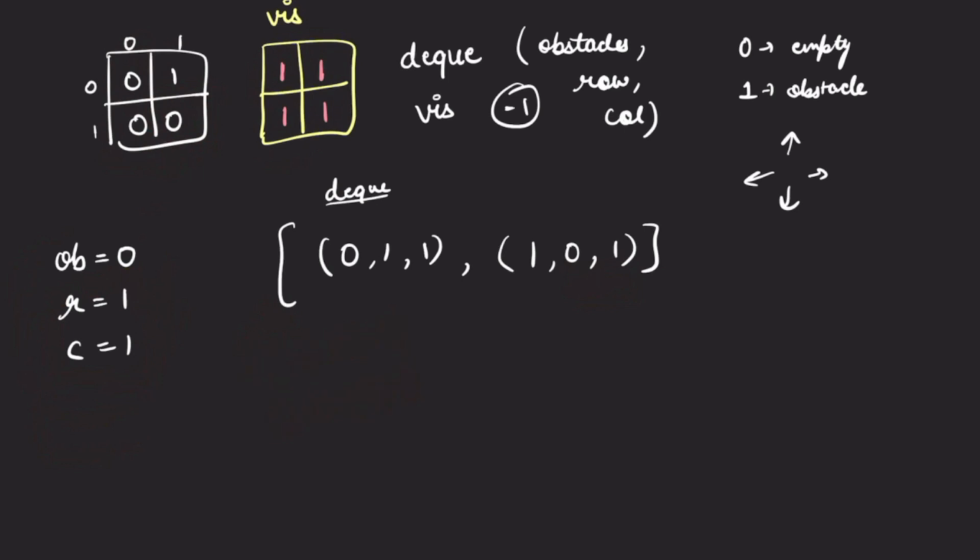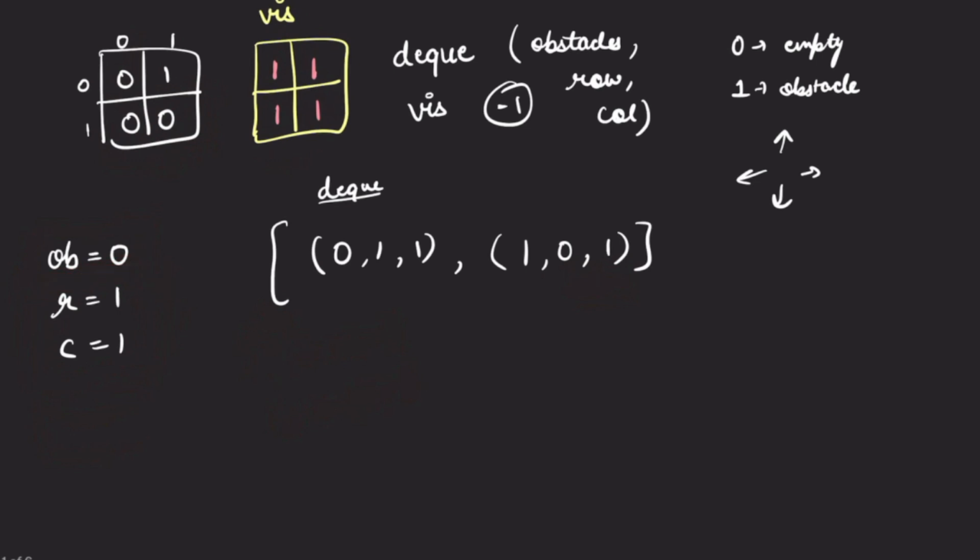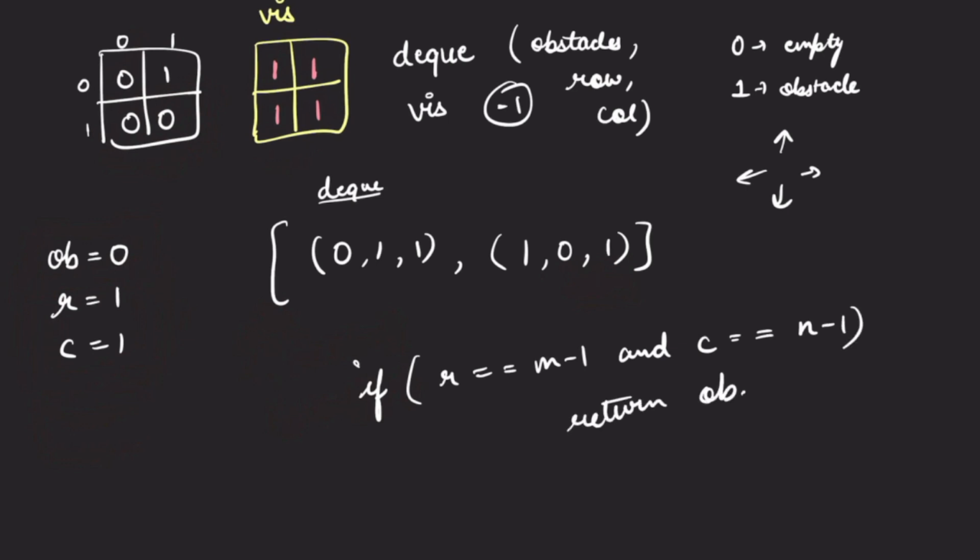That means for this cell, whatever number of obstacles you have got is going to be your answer, the minimum number of obstacles which have to be removed. So as soon as my row becomes m minus 1 and column becomes n minus 1, we can return the obstacles.